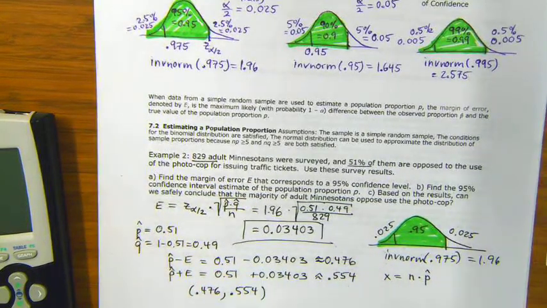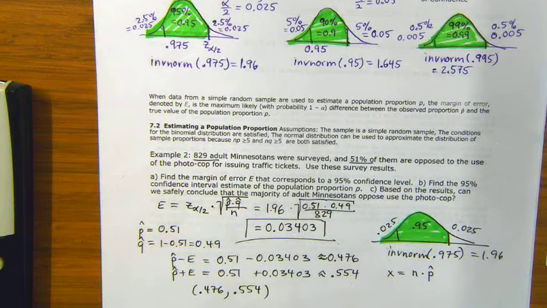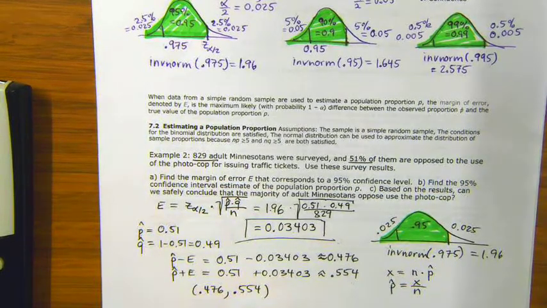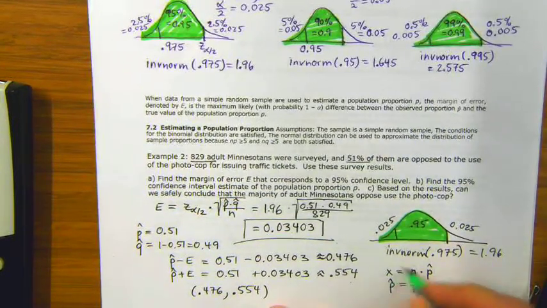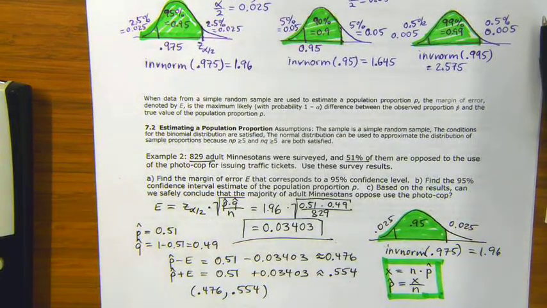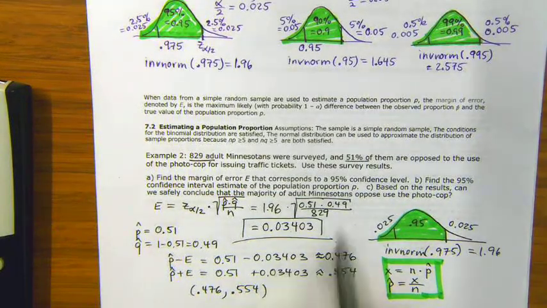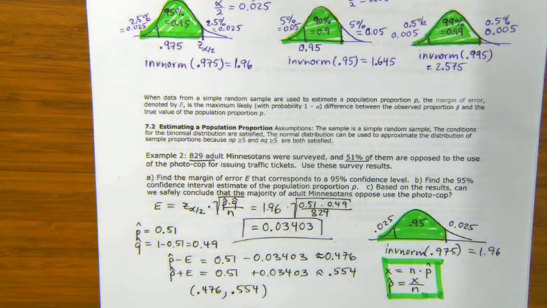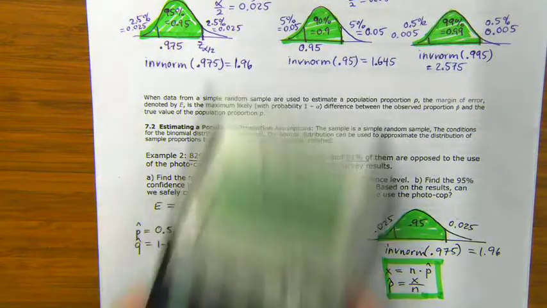Sometimes we have X given in the question, and sometimes we have P hat given. If we're trying to find P hat, that would be the number of successes divided by the total. So these two formulas, which are basically the same formula, are important. When we're doing it manually, our manual calculation has a p hat, but when we're using the calculator, we need the x.